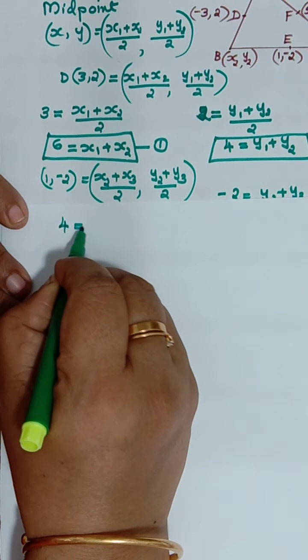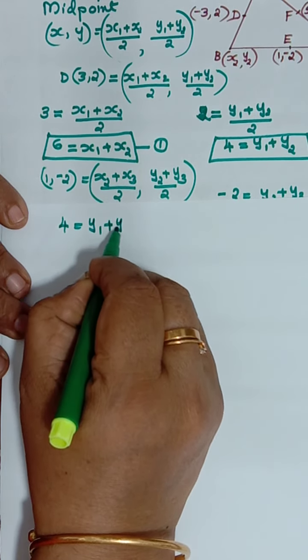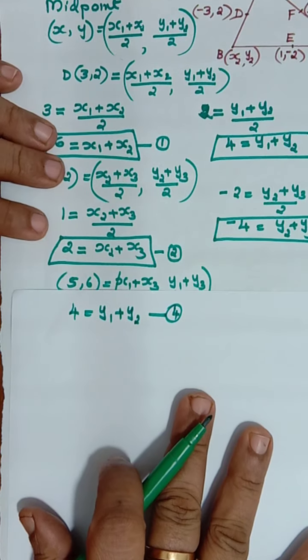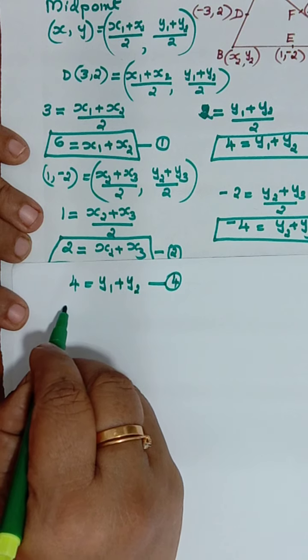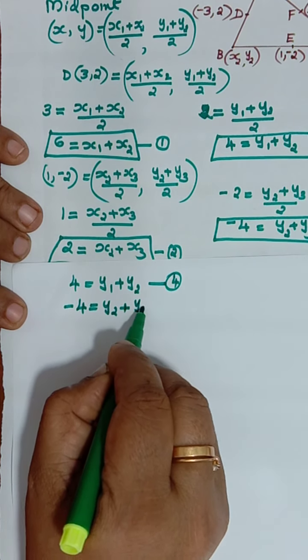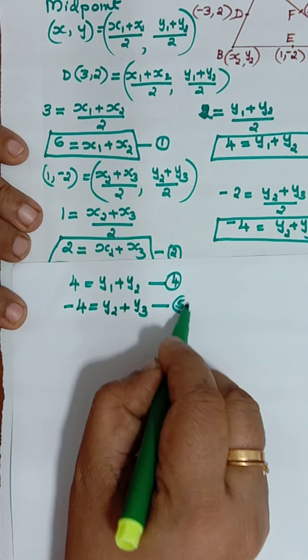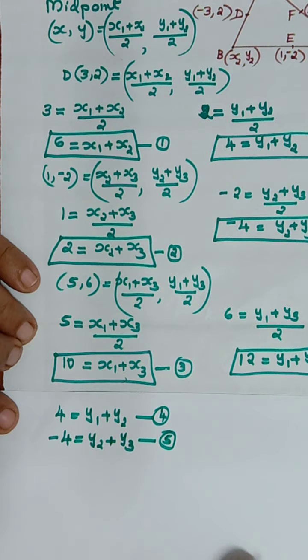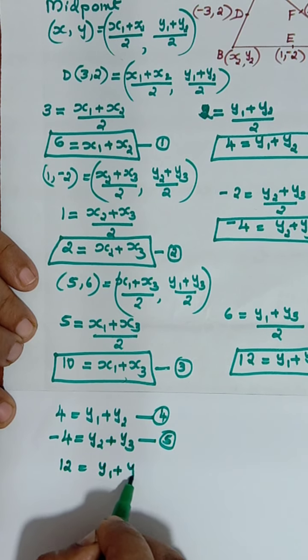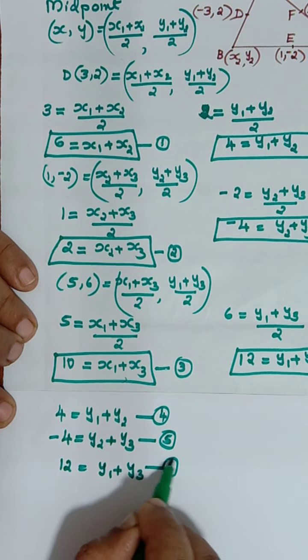Fifth equation, here we have negative 4 is equal to y2 plus y3. Now comes the sixth one, 12 is equal to y1 plus y3.